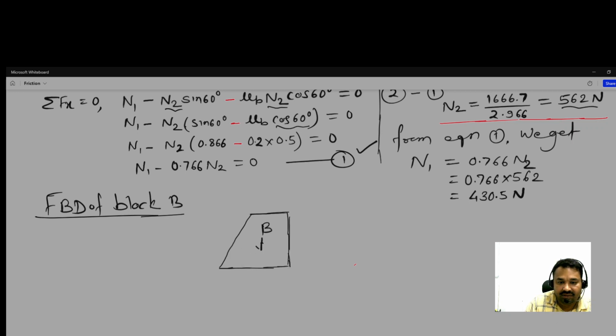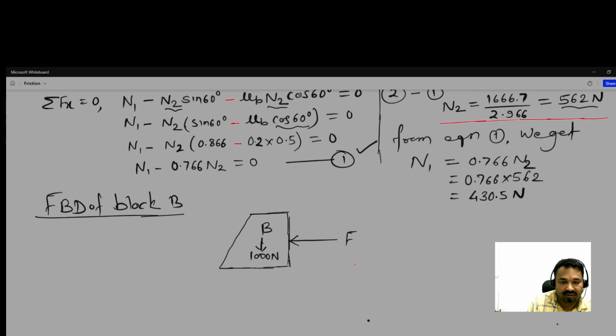Its weight here is 1000 Newtons, and F is acting. And what about the friction here? What about the direction of friction here?